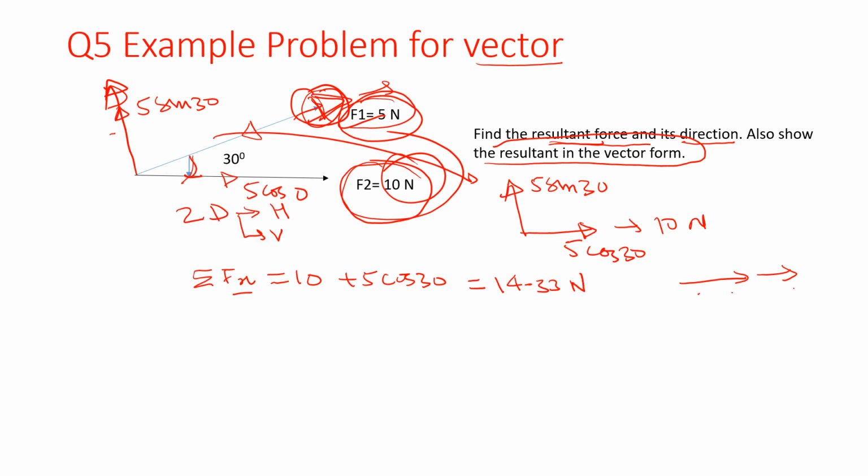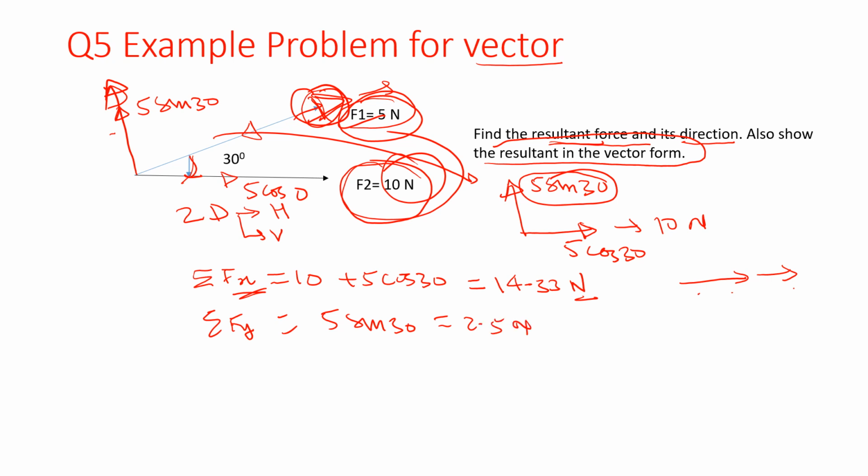Then the summation of forces in the y direction: you have only this 5 sine 30, and this should give you 2.5 Newton.